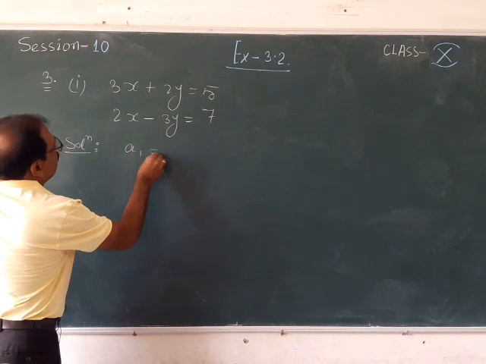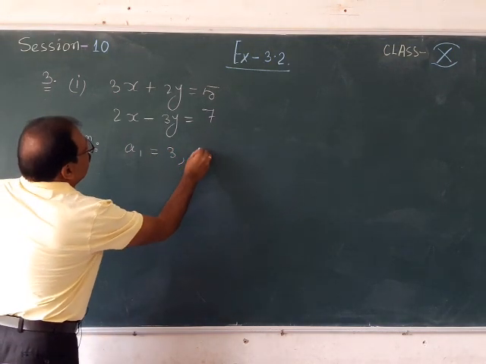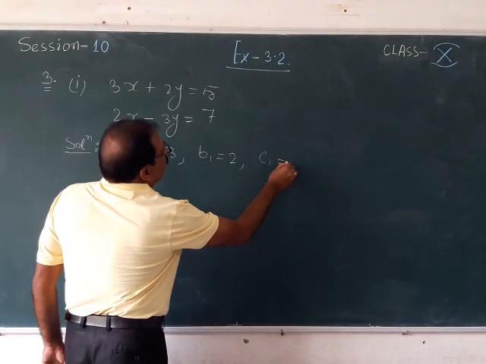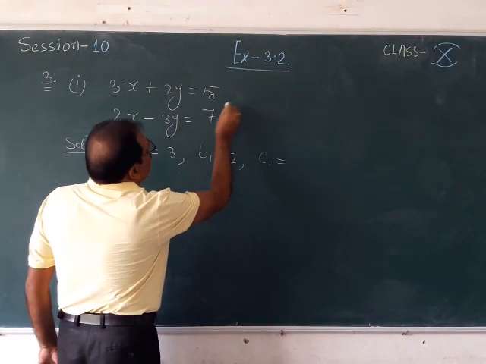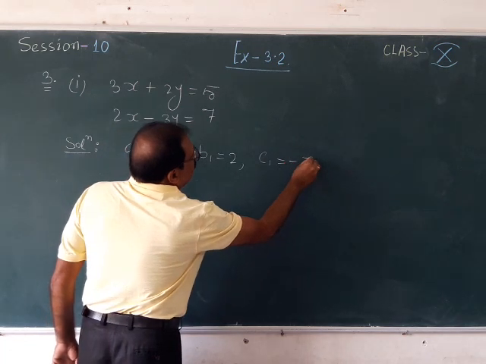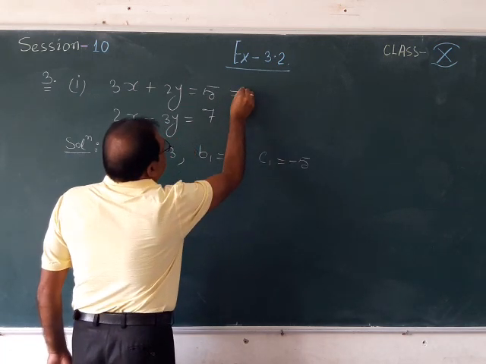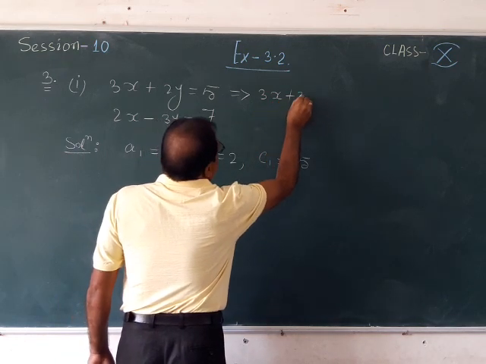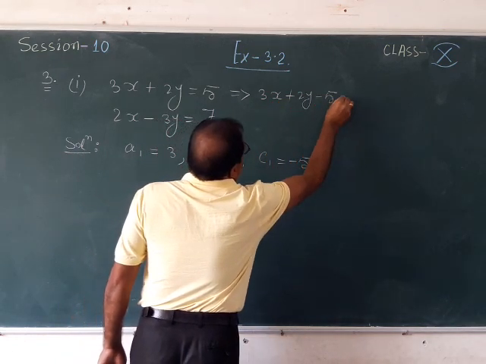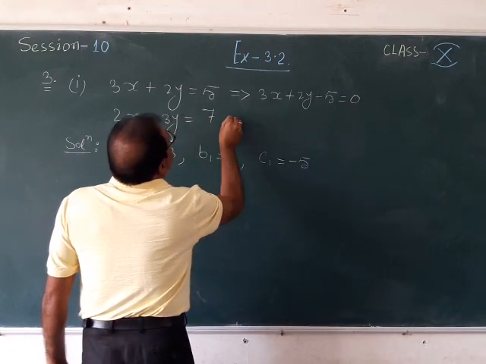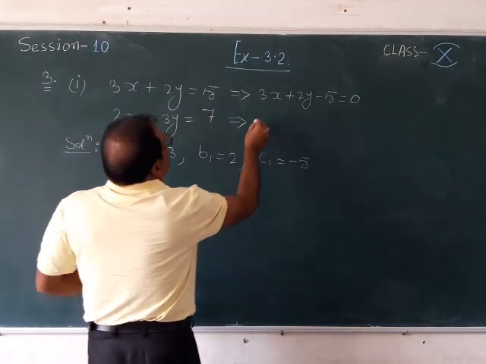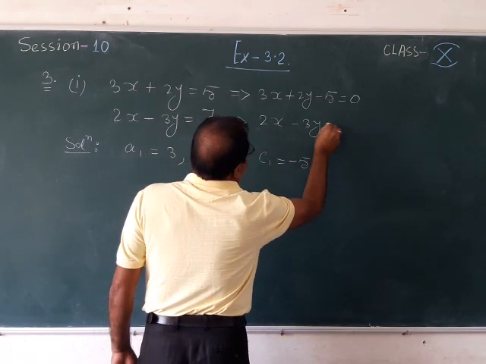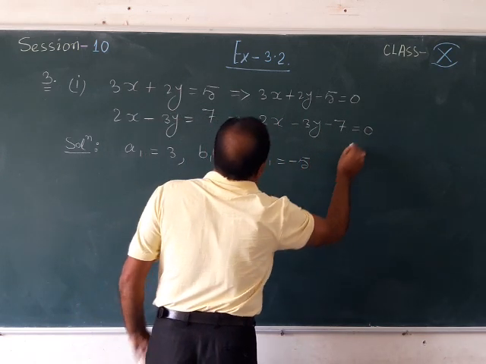So in the solution part, first of all identify the value of A1, that is 3, then B1, this is 2, and then C1. You can see that the value of C1 will come minus 5. Why? Because if you arrange this equation in standard form, you will have 3x plus 2y minus 5 equal to 0, and the second equation in standard form will be 2x minus 3y minus 7 equal to 0.